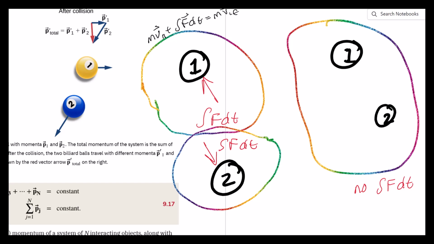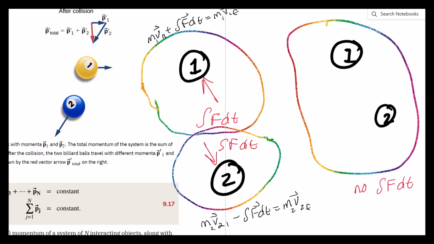And then over here it'd be the velocity of the second one initial plus, except now the force would be going the opposite direction, F dt equals mass times the velocity of the second one final. And if the masses are different, you could have m sub 1, m sub 2.